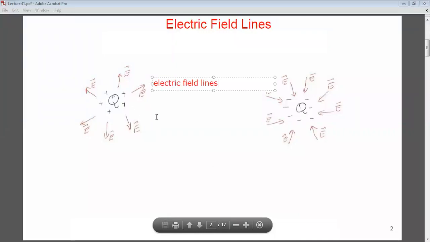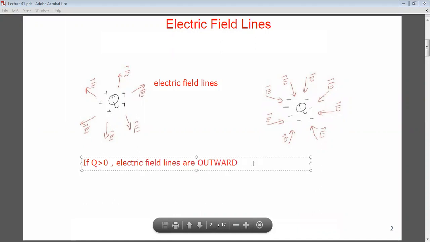We draw them in such a way that if Q is positive, electric field lines are outward, away from the charge. If Q is negative, as in the second drawing, then electric field lines are inward, toward it.